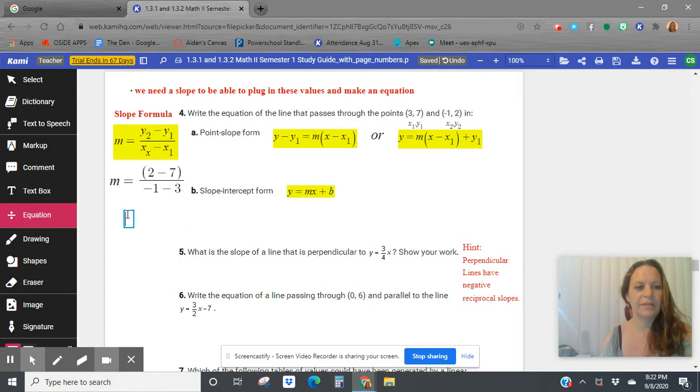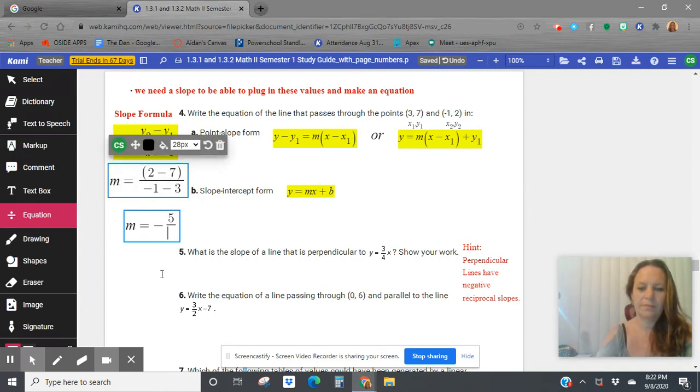So 2 minus 7 on the top equals negative 5 over negative 4. And so my final slope is positive 5/4.